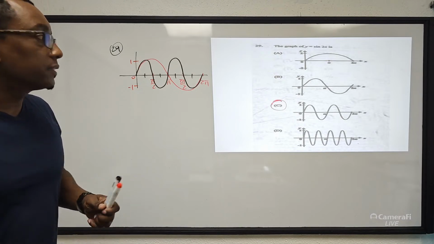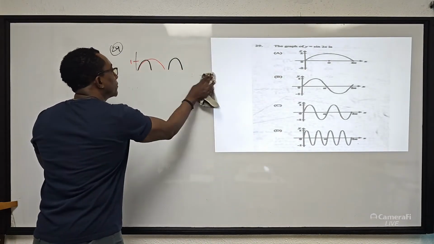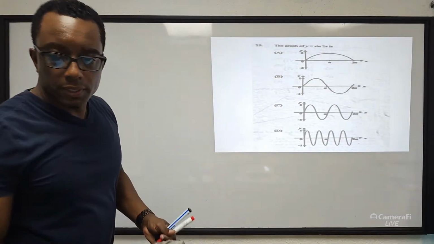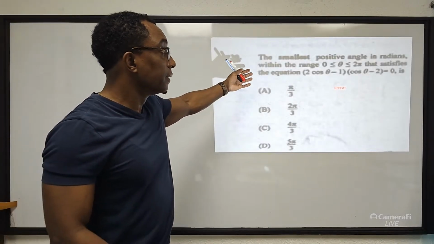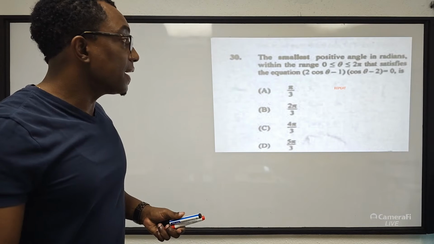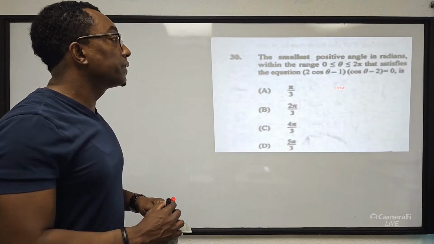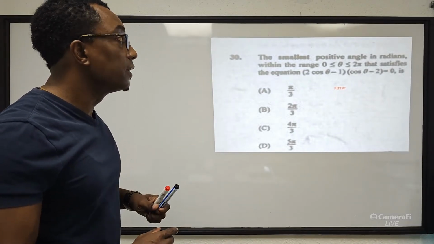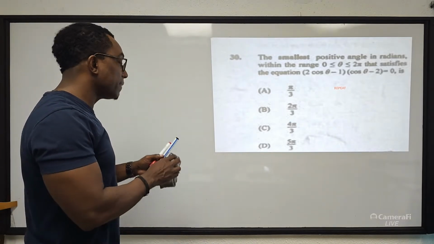Alright? So let's move on to 30. Again a repeat. I think I would have done this last night as well too. The smallest positive angle in radians within the range 0 is less than or equal to theta less than 2 pi that satisfies the equation.